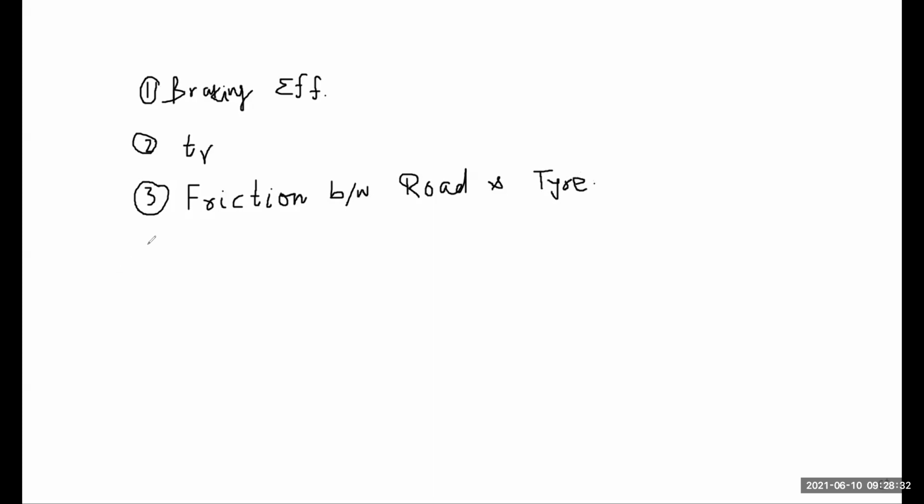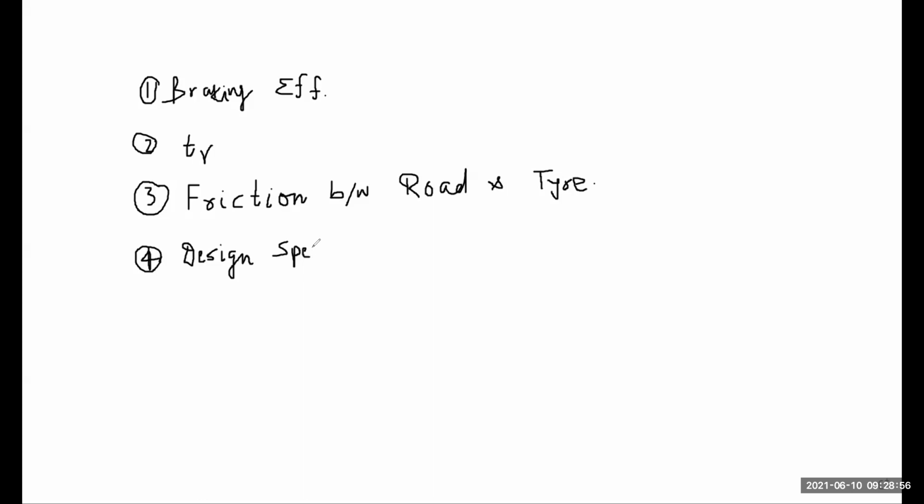Next one is your design speed. Okay. Next, gradient of road. Okay.